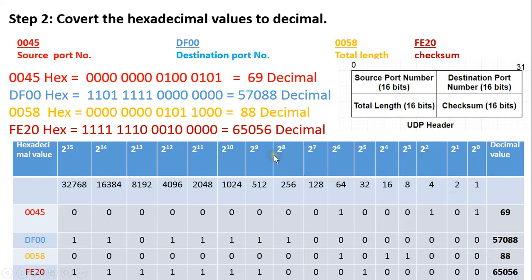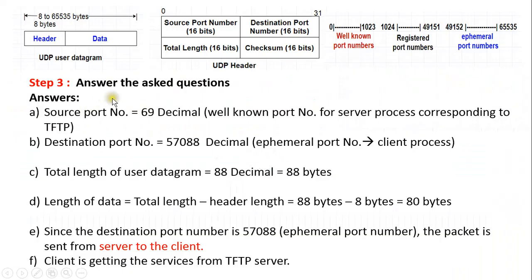Now once this conversion is done from hexadecimal values to decimal values, we have to answer the asked questions in the third step. In the first question, it was asked to determine the source port number. So source port number is determined in the previous slide as 69 decimal. Now this 69 number belongs to the well-known port numbers ranging from 0 to 1023.